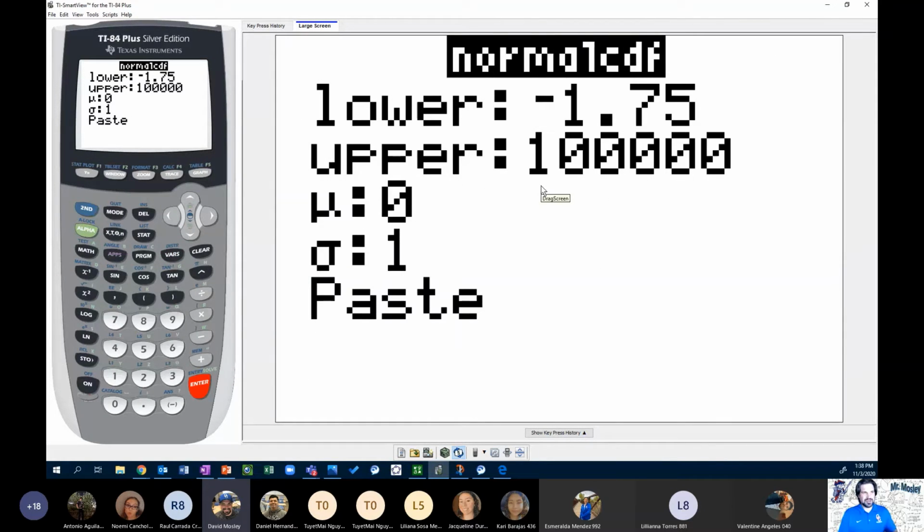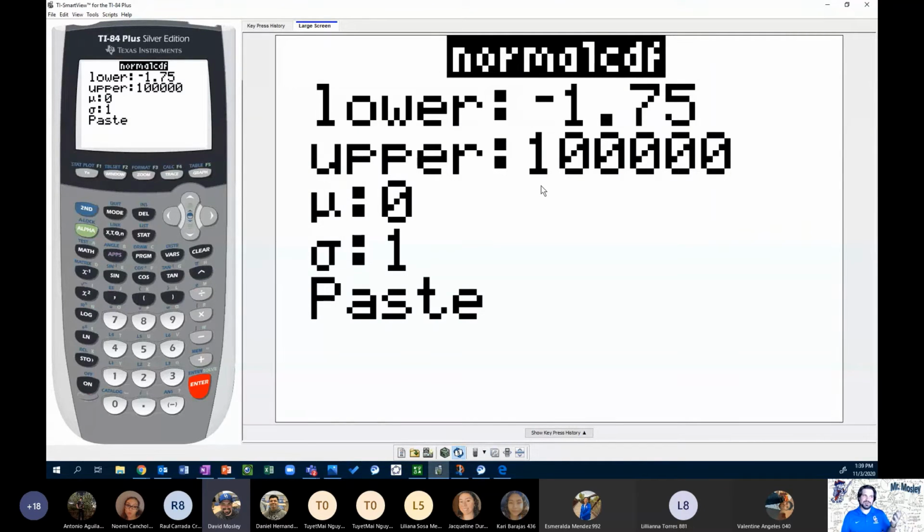For the upper bound in this case, I don't have an actual upper bound. With this command, the normal CDF command, I can put in a lower and upper bound. So it'll actually find the area under the normal curve between standard deviation amounts, like negative 1.75 and positive 1.75, and it would find that proportion.